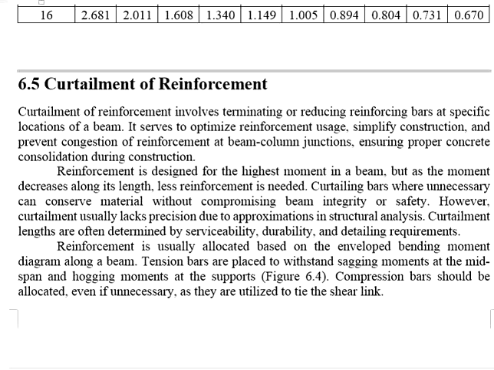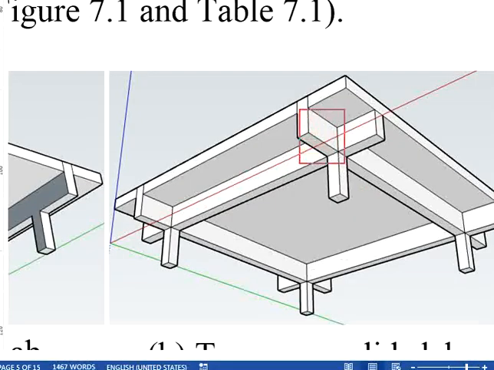Not only that, this process of curtailment can simplify the construction process and also prevent congestion of the reinforcement bar, especially at the beam to column junctions, in order to maintain the quality of the concrete compaction. Imagine a junction of the beam and column. You have beams from both directions as well as the column.